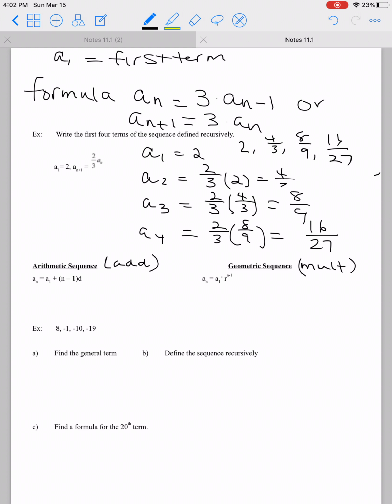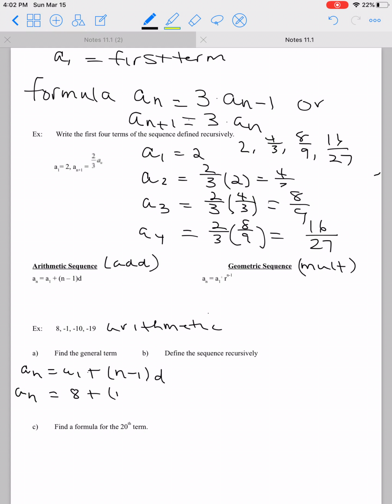So the common difference is -9, so this is an arithmetic sequence. And to find the general term, we start with the formula a sub n equals a sub 1 plus n minus 1 times d. And so a sub n, our first term was 8.